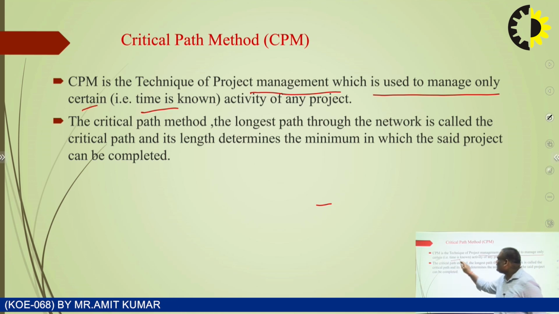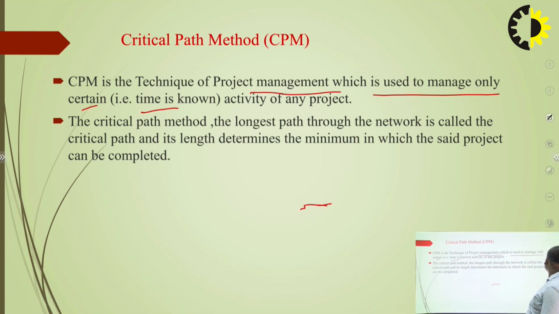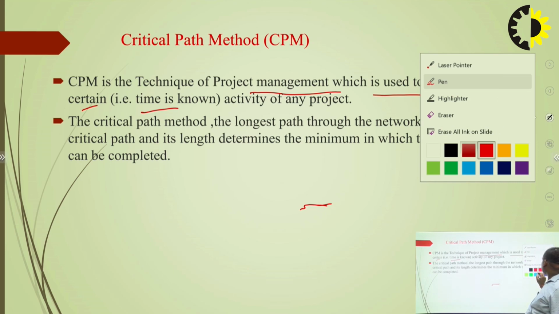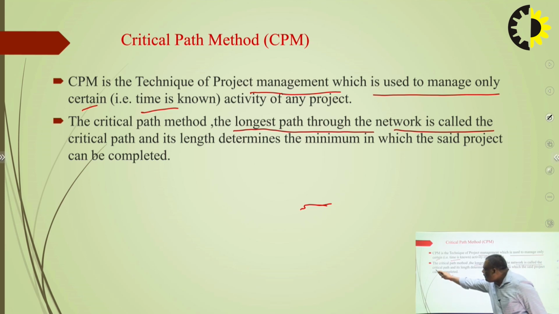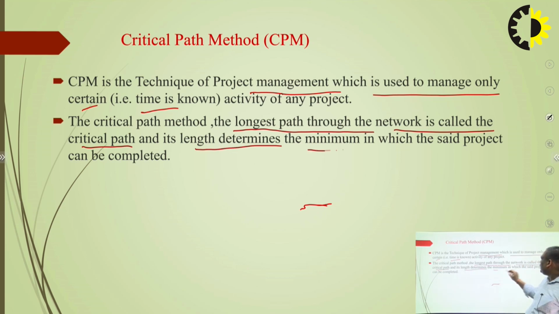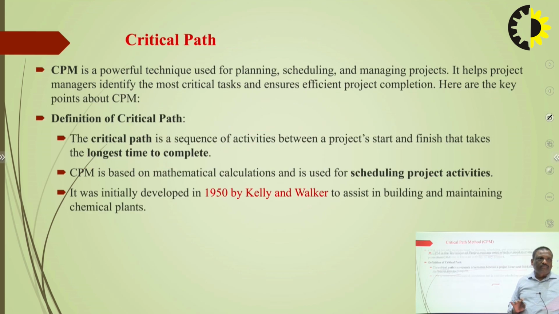In the critical path method, the longest path through the network is called the critical path. The manager chooses the right, correct path for scheduling. With the help of an example you can better understand things. It gives the minimum length of time in which the project can be completed. So this is overall about CPM.